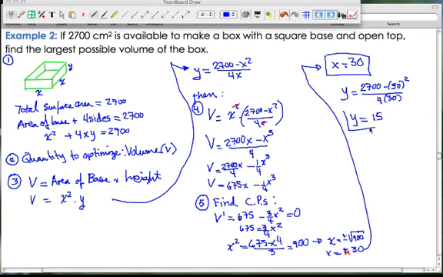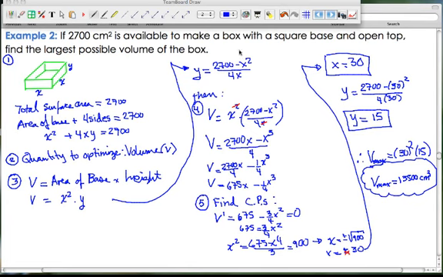There we are, we have X and we have Y. We have found the values that would maximize our volume. Therefore, the maximum volume, Vmax, would be 30 squared times 15. This gives us a maximum value of 13,500 cubic centimeters. Mind the units, we are dealing with volume, cubic centimeters, and that is our final answer.